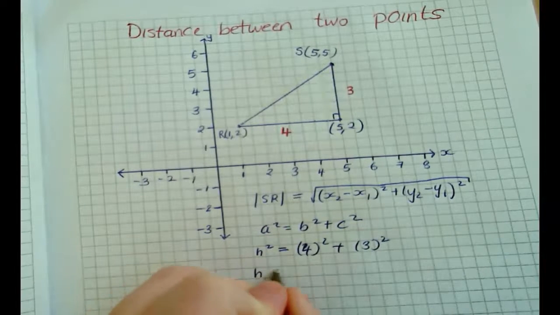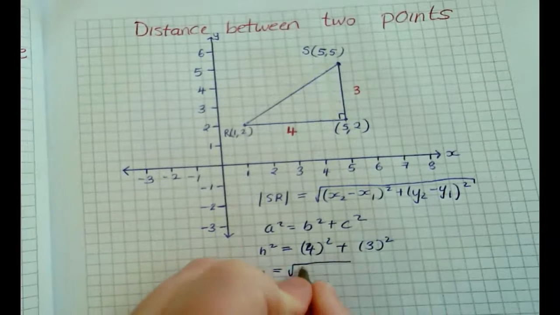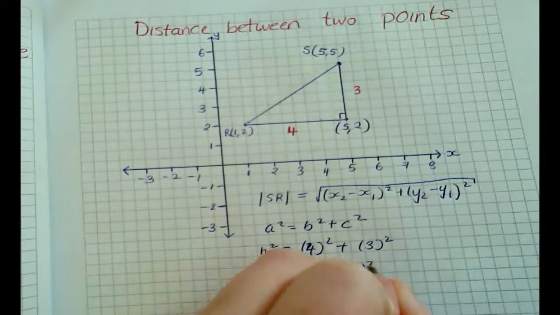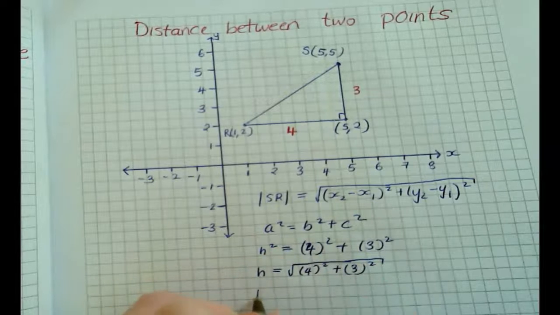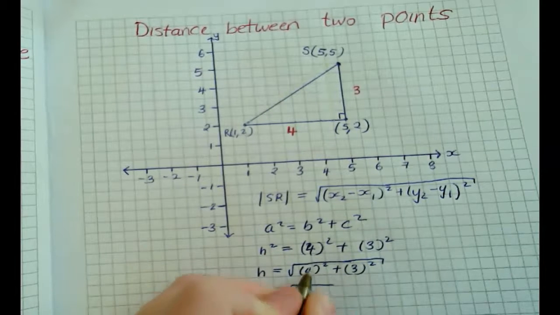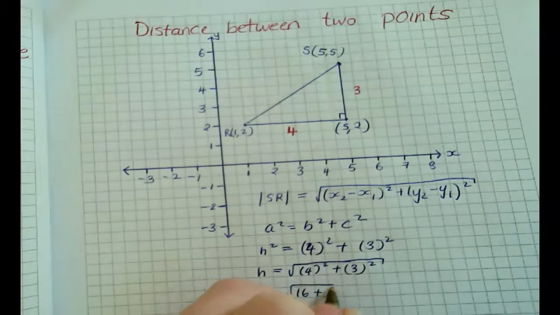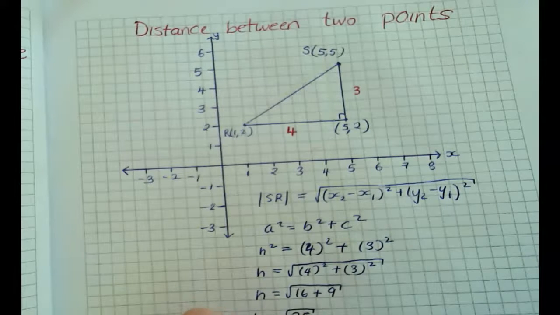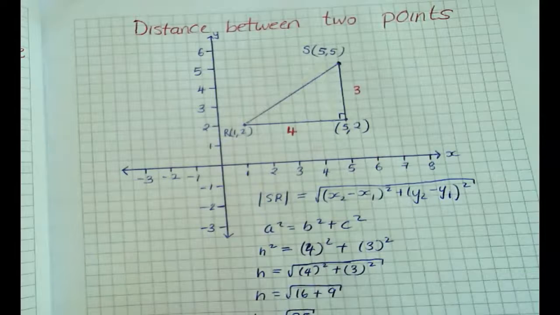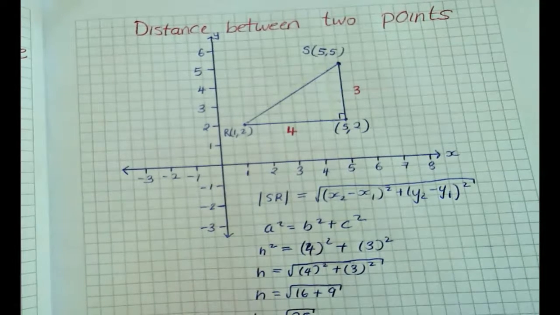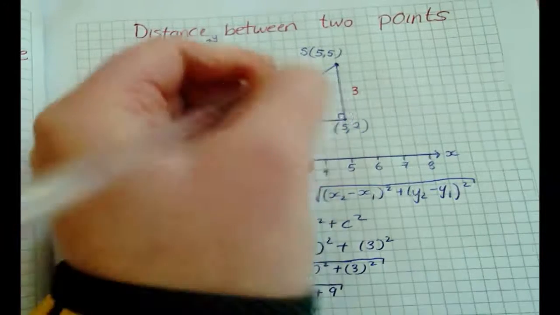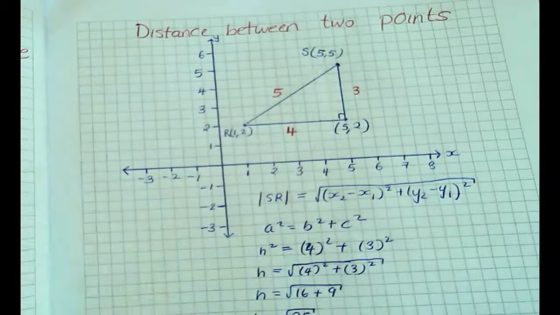So h is equal to the square root of 4 squared plus 3 squared. 4 squared is 16 plus 3 squared is 9. H is equal to the square root of 25. H is equal to 5. So our length here is 5.